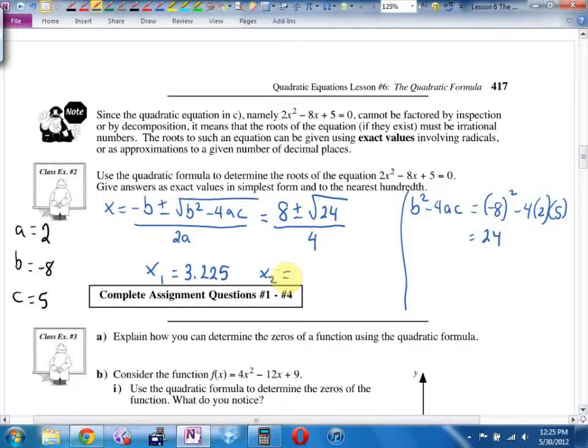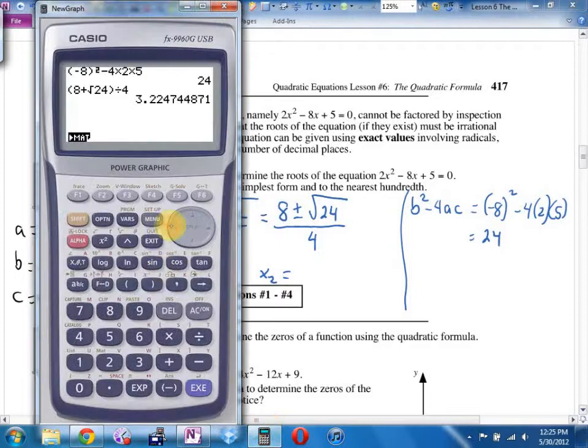What's the second root? Instead of a plus sign right here, Sam put what? That's why if you go left arrow, backspace, backspace, backspace, backspace, backspace, delete the plus sign and put a minus sign there, you save yourself a lot of typing.